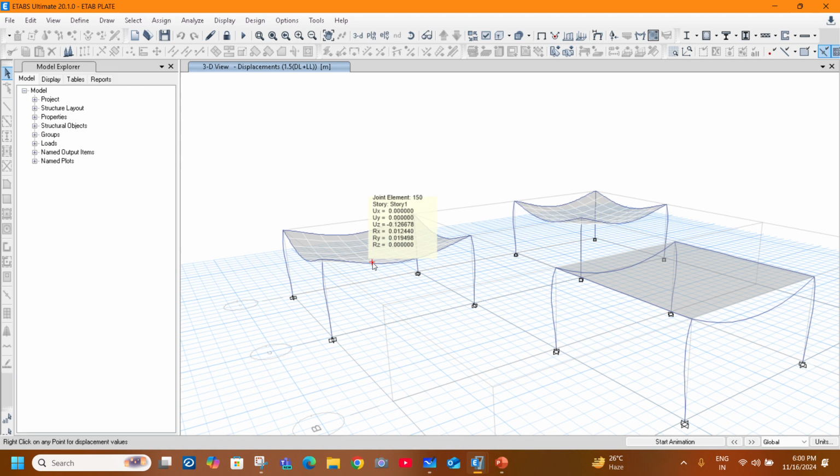The deformation along UZ is maximum 0.150.